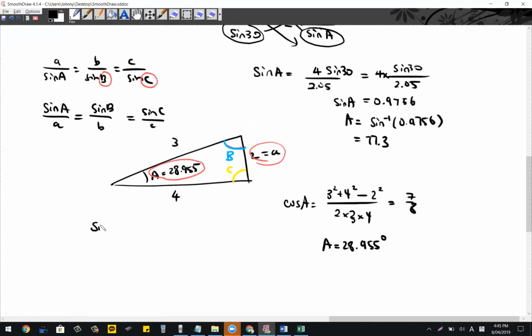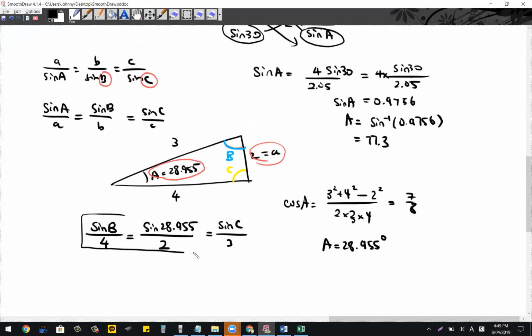So if I want to figure out B, then I do sine B over 4. The known pair is this one here, right? So sine of 28.95 over 2 is equal to sine C over 3.